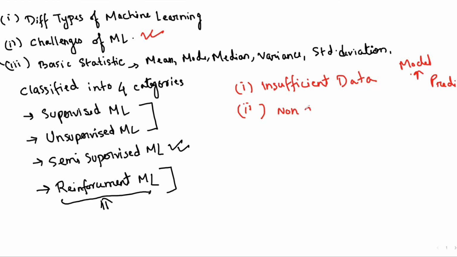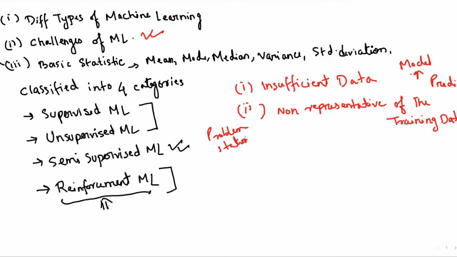The second is non-representative training data. Now, what does it mean? It means that if the data that we have in hand is not exactly the data that can solve our problem statement, then no matter how good our model is, it's useless because it is not actually representing our problem statement.